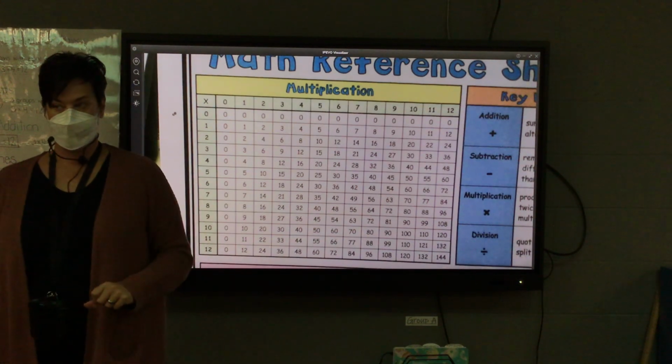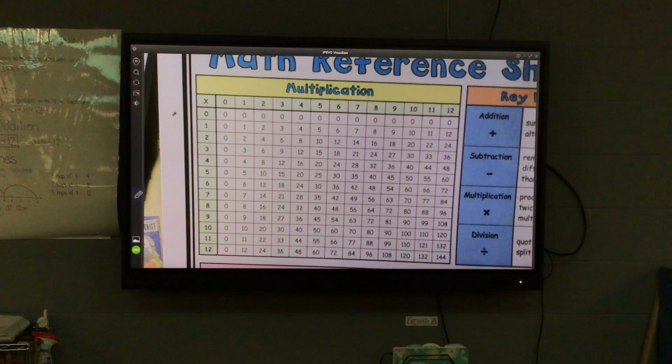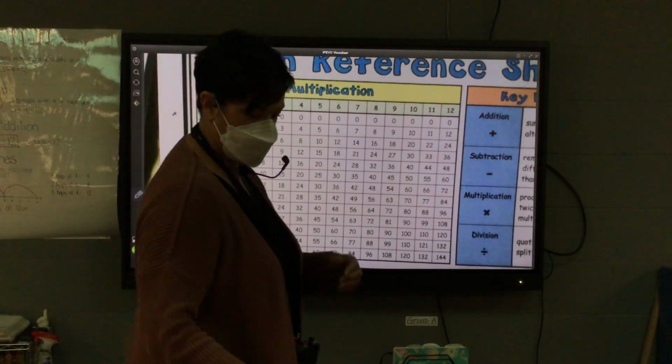What does our chart show us that 7 times 2 is? Did you find it? 14. We're on 7 times 2. We just did 5 times 3 again. We're working on the right side, remember, of our math workbook papers.